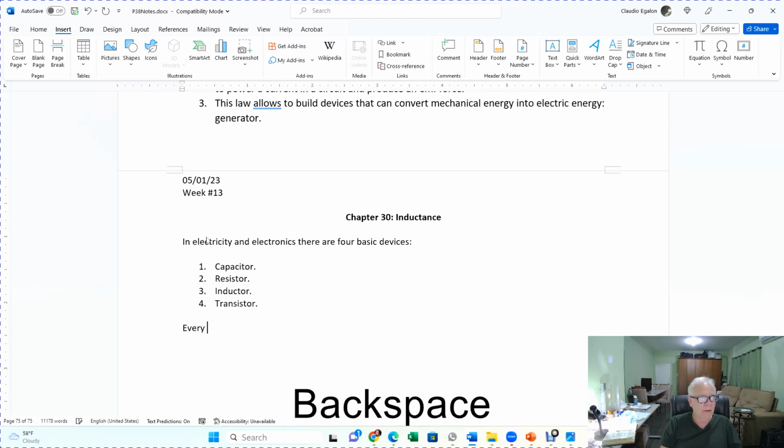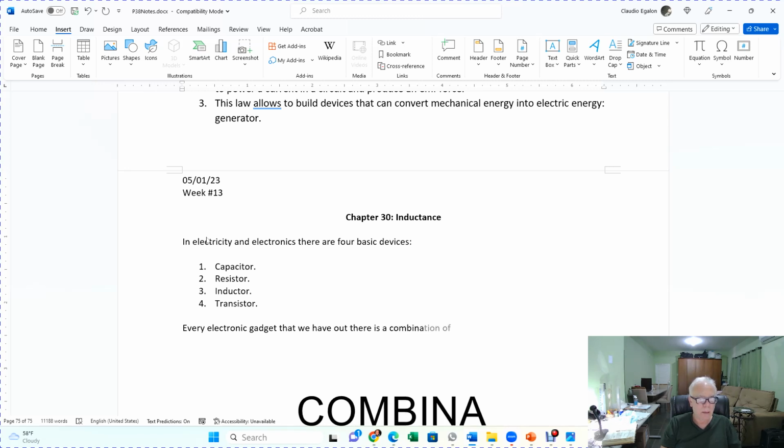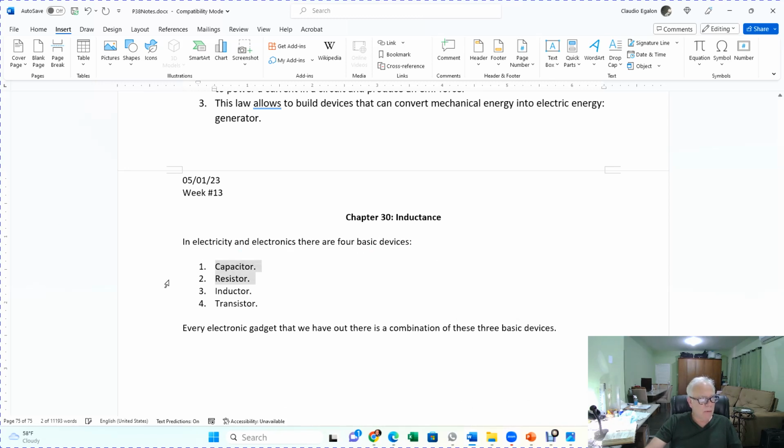Every electronic gadget that we have out there is a combination of these basic devices. So we talked about the capacitor, we talked about the resistor, and now we're going to talk about the inductor.